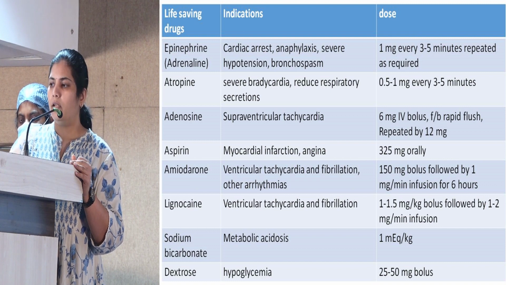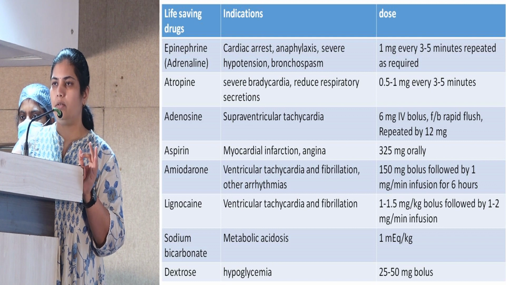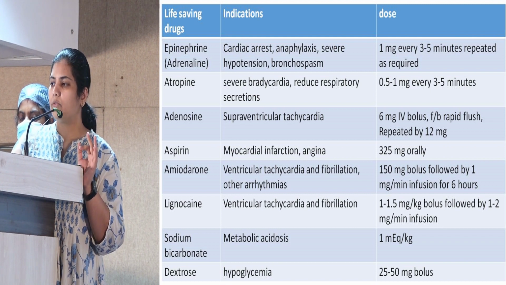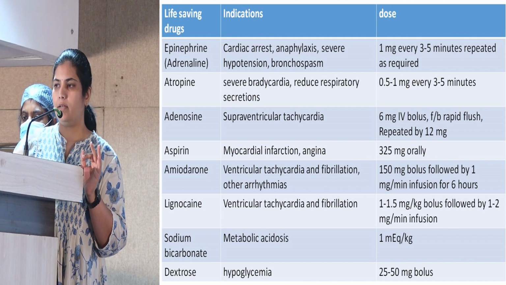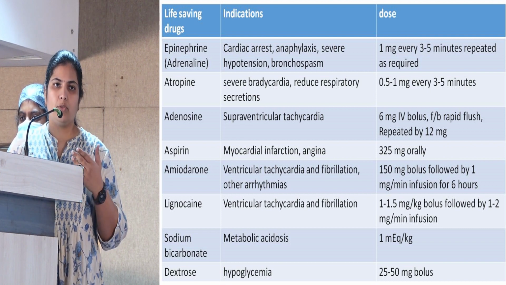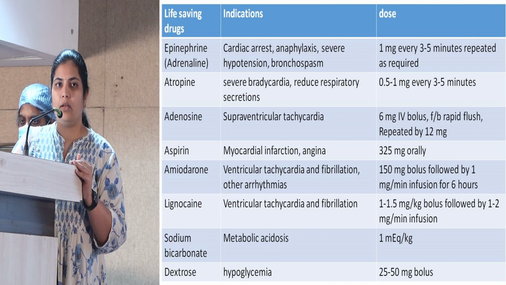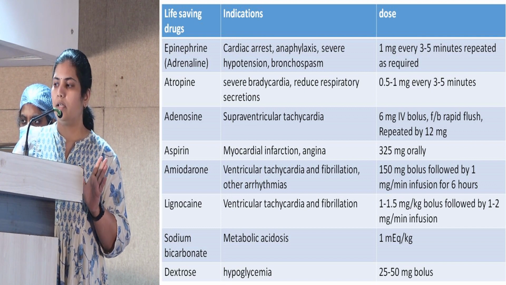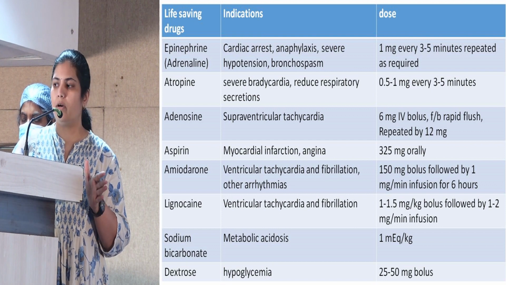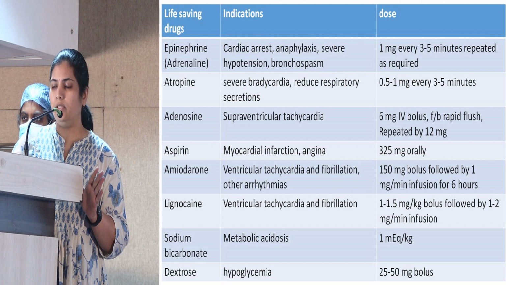Then atropine. An atropine ampule contains 0.6 mg of atropine. It is used when there is severe bradycardia or there are a lot of secretions, such as in a patient with OP poisoning. And adenosine: when the heart rate is above 150, above 200, we use adenosine.